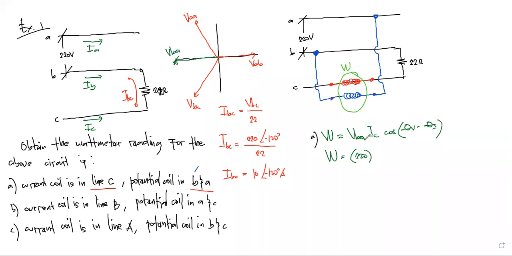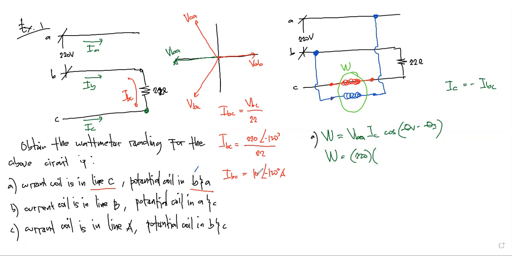So the current IC, as you can see, is obviously the negative of IBC. If we take KCL here, IC plus IBC is equal to 0, or basically IC is equal to negative of IBC. But we want here the magnitude of IC.